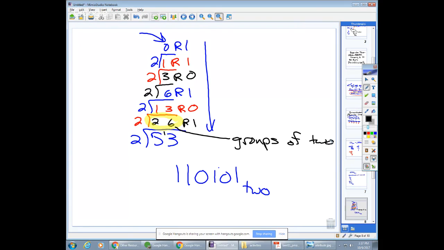Then we start looking for groups of 2 in the groups of 2. 2 groups of 2 is 4s, so the 13 must be 13 4s. So basically, as we repeatedly divide by 2, we get our groups of 2, then we get our groups of 4, and then our groups of 8 and 16, on up the line, until we run out of groups of stuff and have a remainder left over. So there's the counting back change method, and then there's the repeated division method.